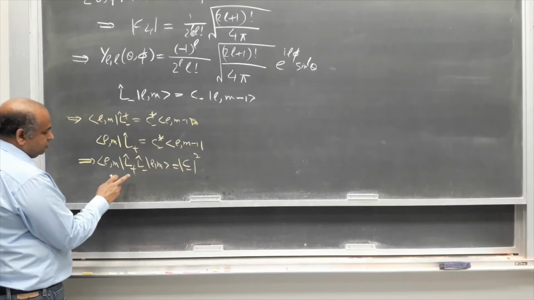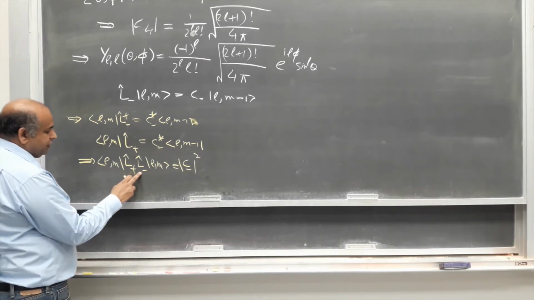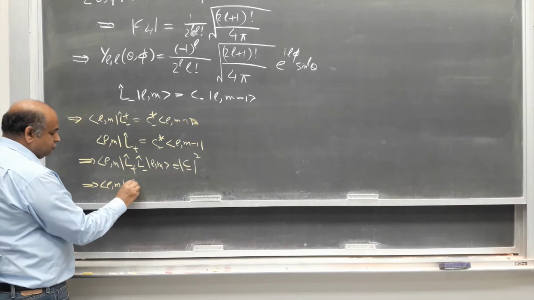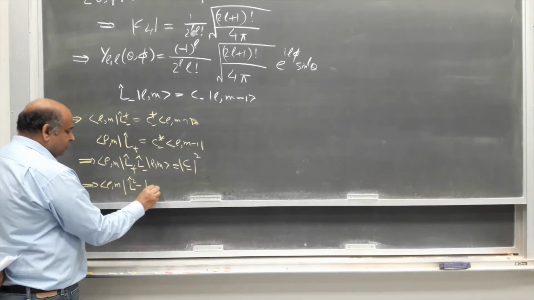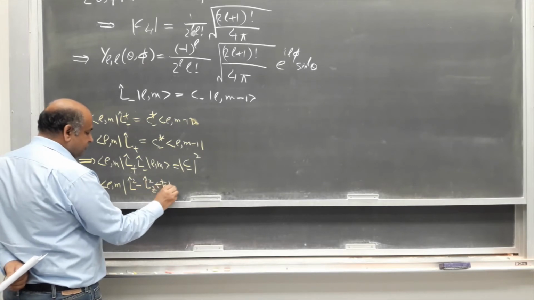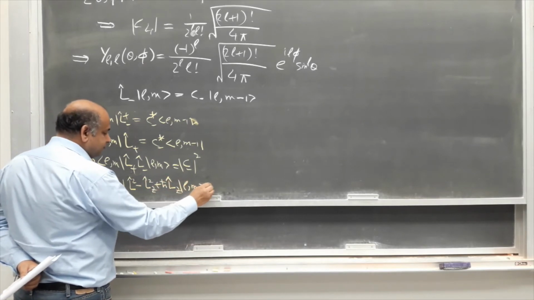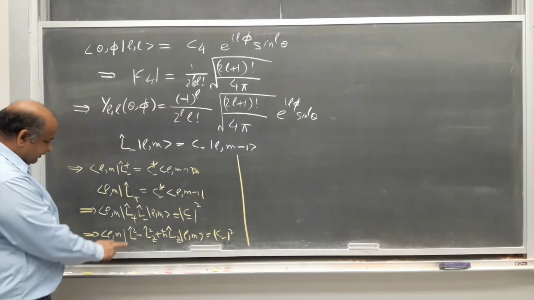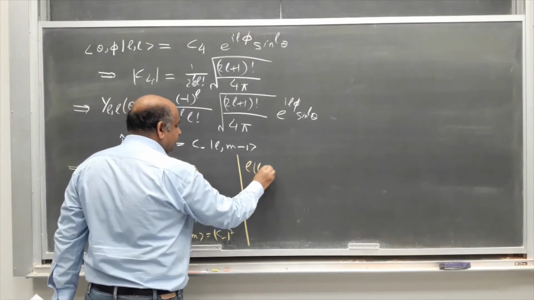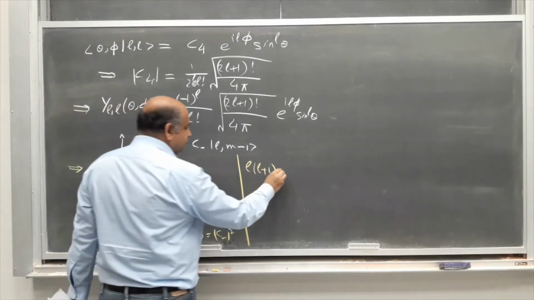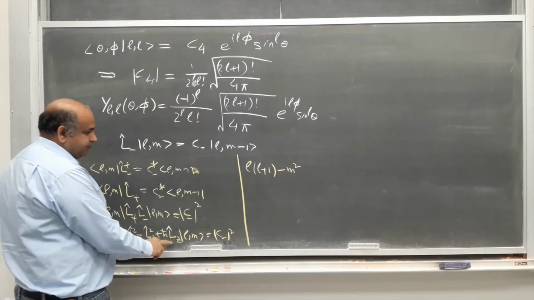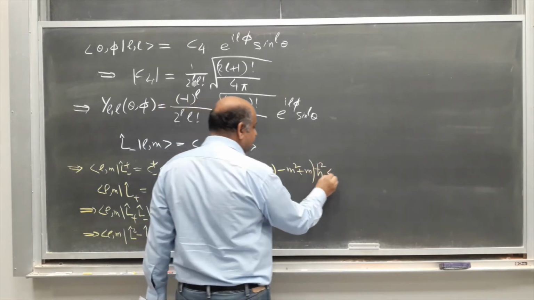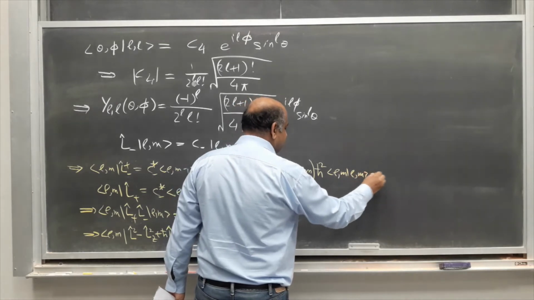And if I substitute the expression for L plus and L minus in terms of Lx, Ly, we have done it several times, so I'm just going to write it. It comes out to be L square minus Lz square plus h bar Lz, which means that I have for L square eigenvalue L into L plus 1, for Lz square it is m square, and for Lz it's m, and this h bar square is common, <Lm|Lm>.